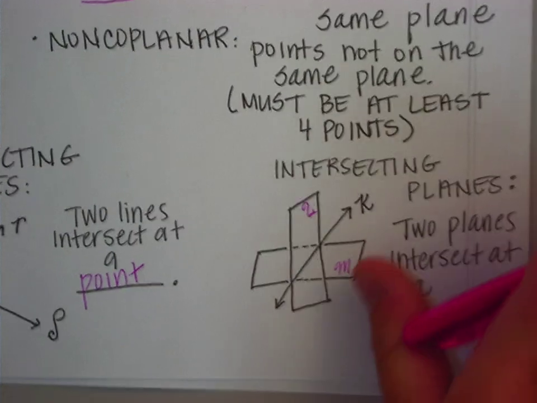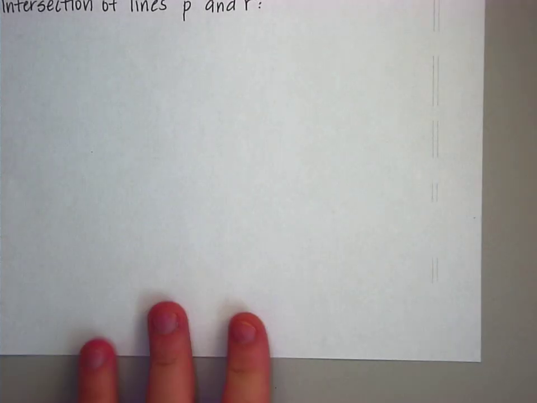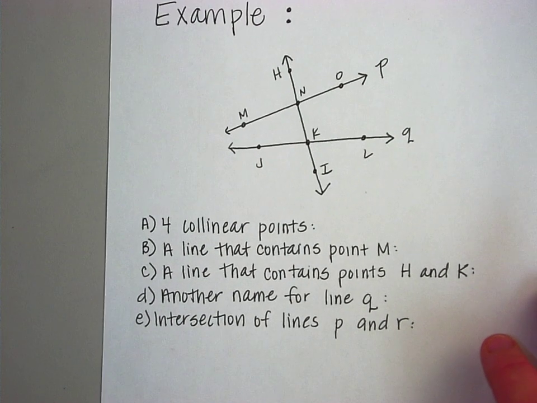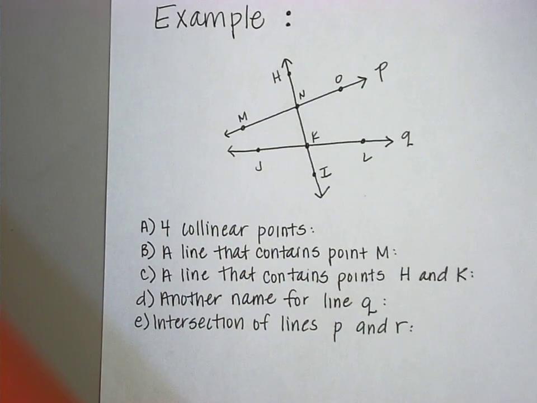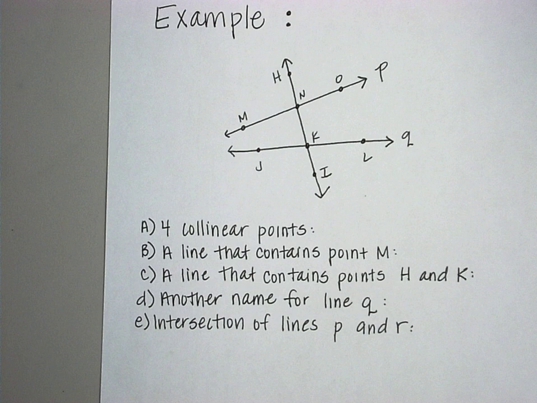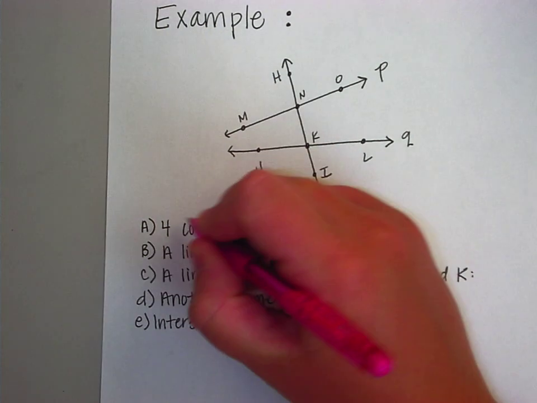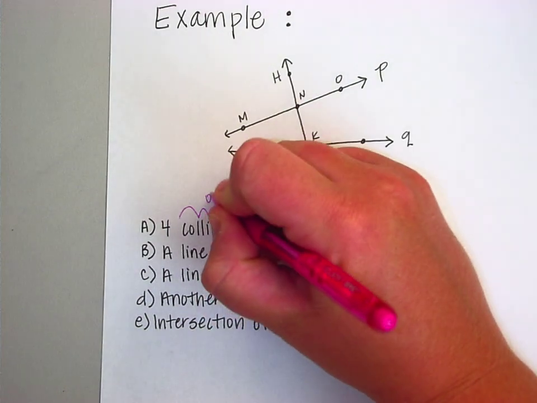So let's do an example. Let's look at this example. This is going to be like your classwork that you got to do. So we have this diagram. It's asking us to name 4 collinear points. Collinear means on the same line.